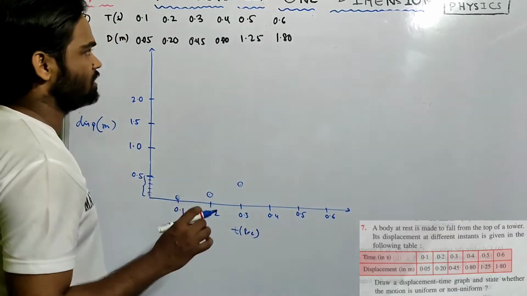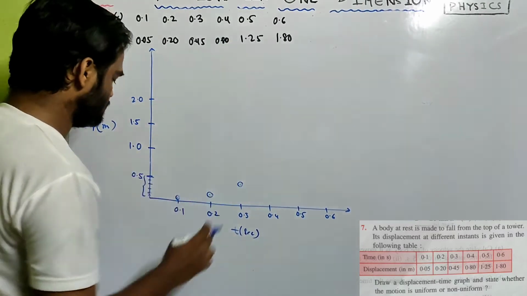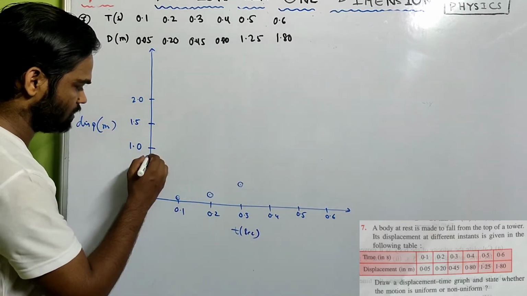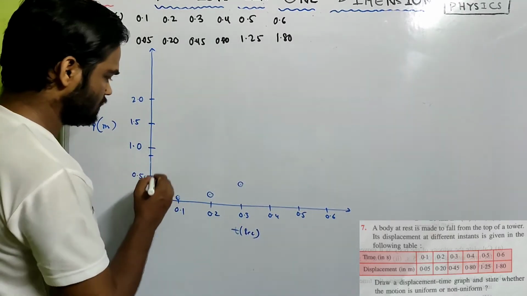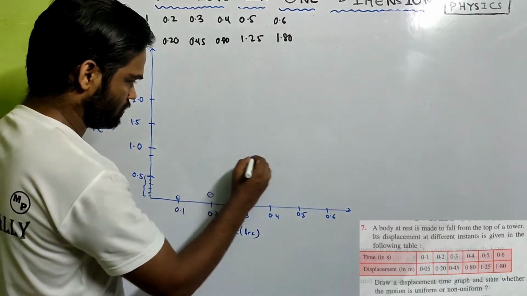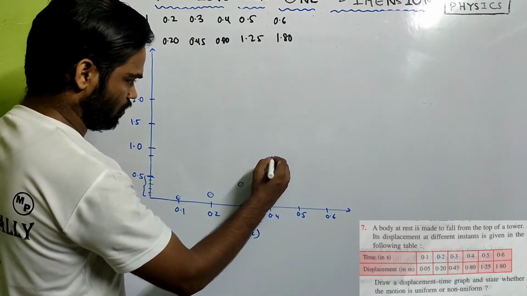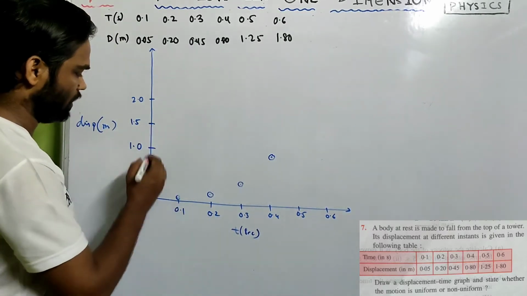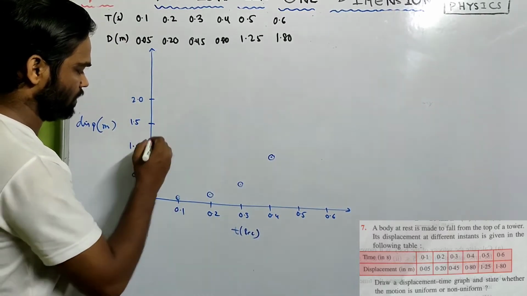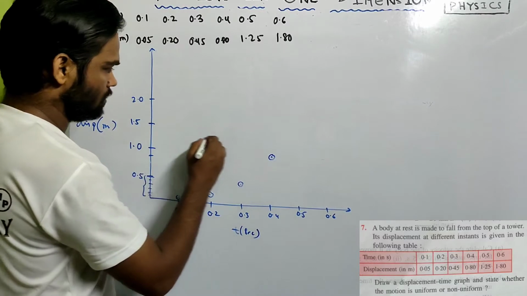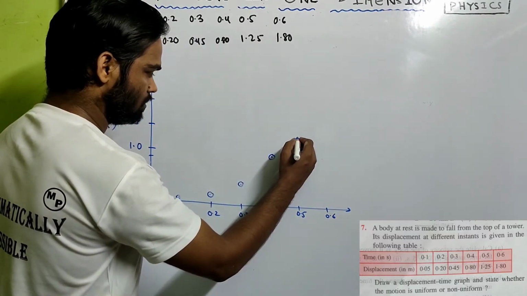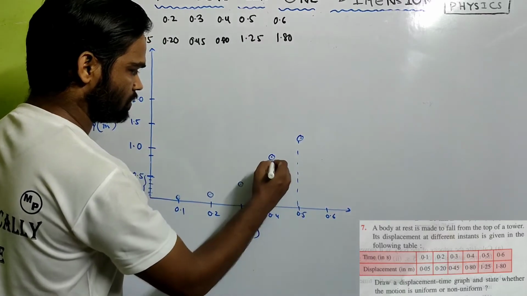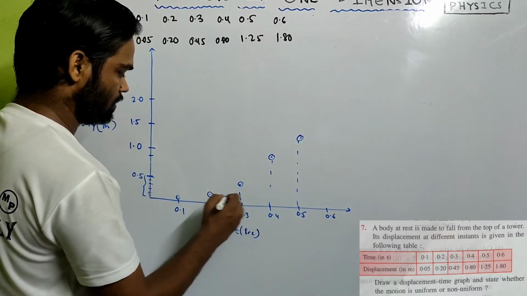The point will be precise. Then 0.80. See, 0.5, 0.8, somewhere over here. Isn't it? So over here I'll get 0.80, then 1.25, and this is 1, and this is 1.5. So in between, we'll get 1.25. Am I clear? Just look carefully.